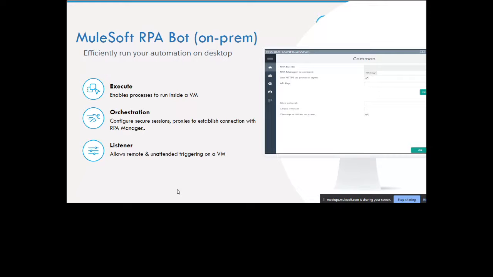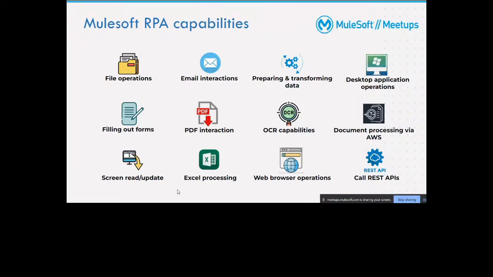Now that we have some understanding of the various products and the features of each product, let's move ahead. If I talk about the capabilities of RPA, these are certain available functionalities in the Builder, which you can leverage to build an entire automation. RPA can interact with files. You have email interactions available.